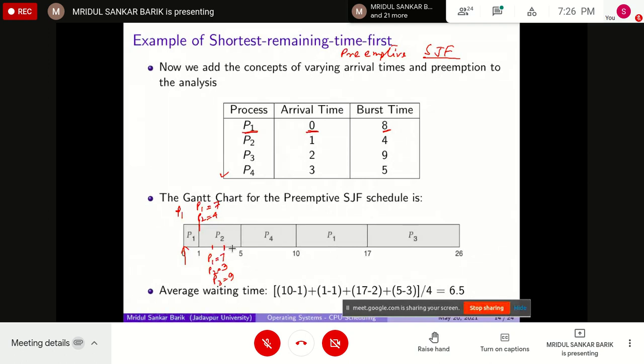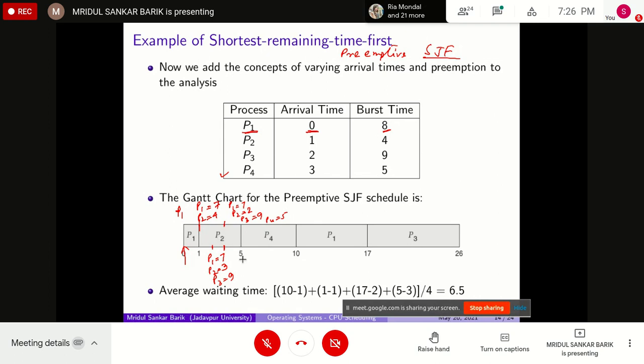At time 3, we have P1 with remaining time 7, P2 with remaining time 2, P3 with remaining time 9, and another process P4 arrives with remaining time 5. The minimum is P2, so P2 continues up to this point.